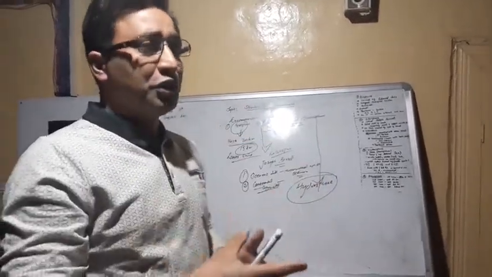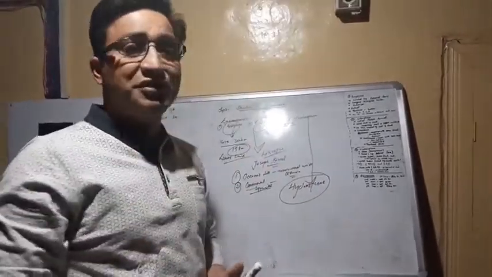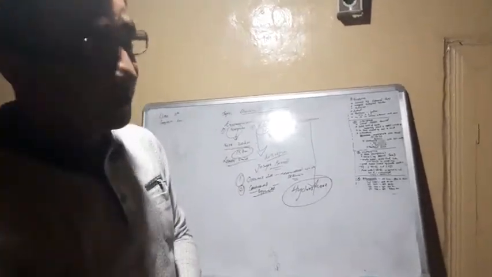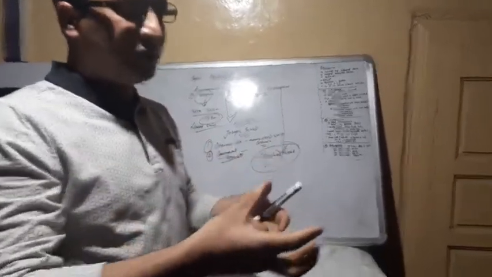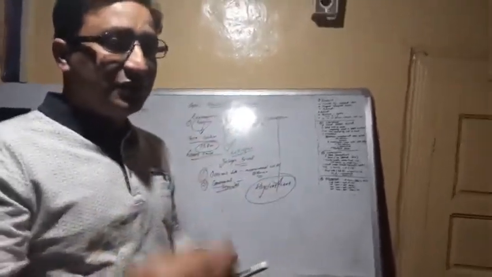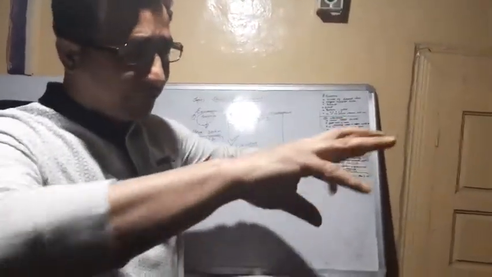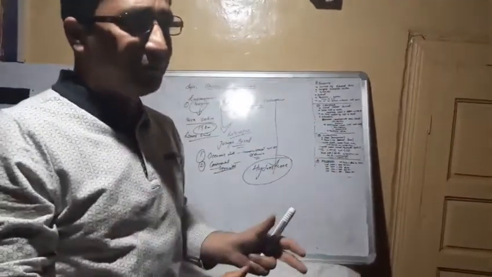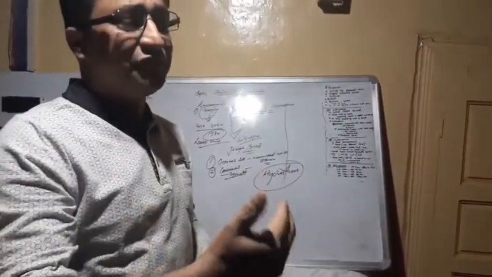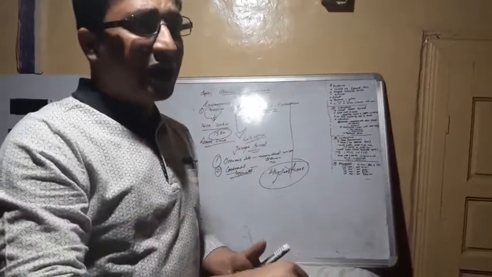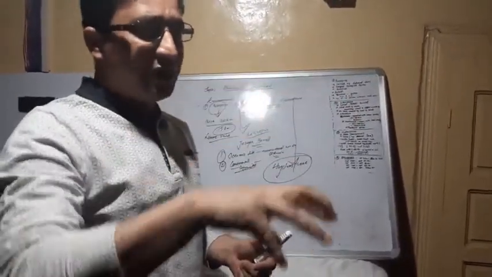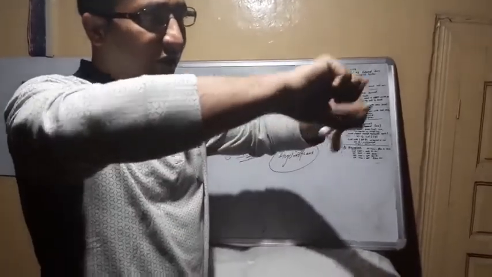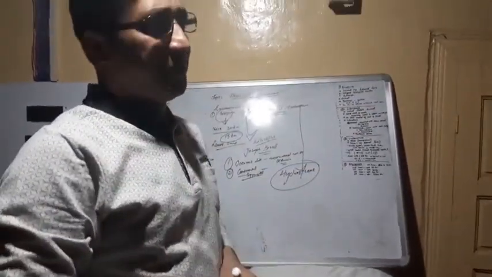It also includes the water present in the atmosphere in the form of water vapors, and the water trapped in the ice caps in the form of glaciers. In whichever form water is present, all of it constitutes this hydrosphere.